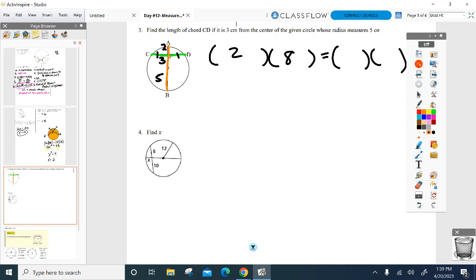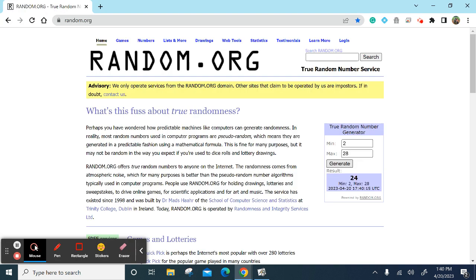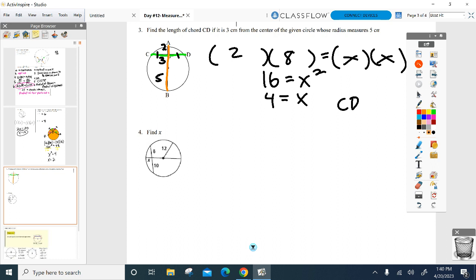Nothing's labeled, but since I know both parts are the same, I can call them both X or Y or whatever letter floats your boat. Yeah, X equals 4, but I was looking for the length of chord CD, though. 8, double it.